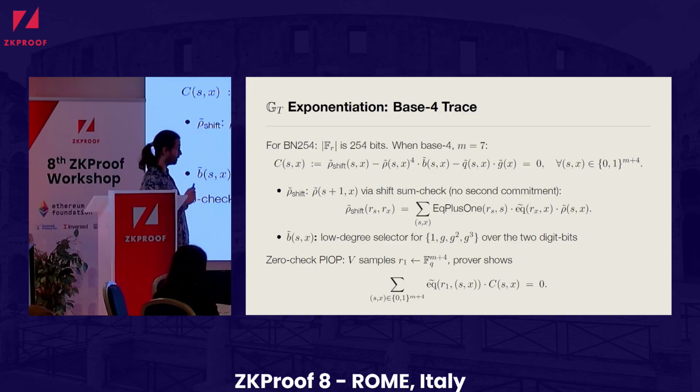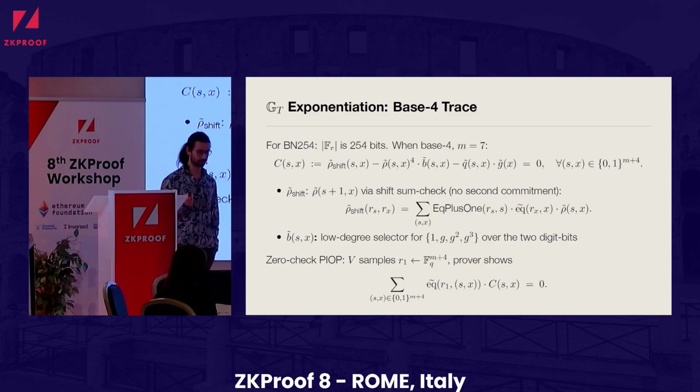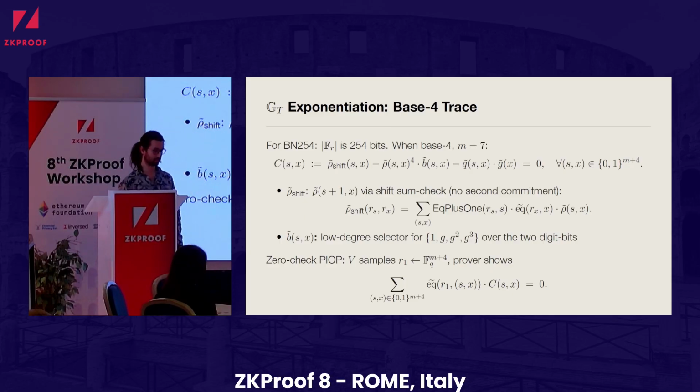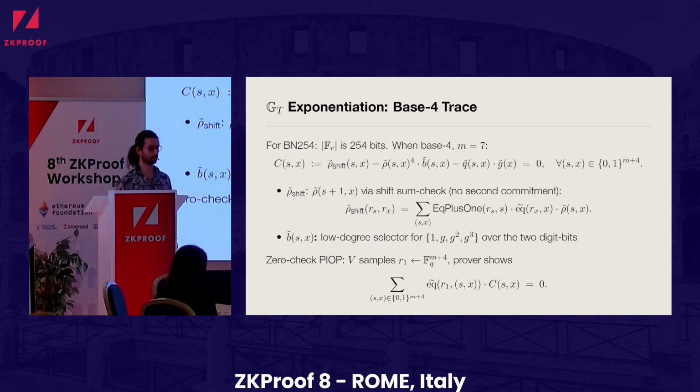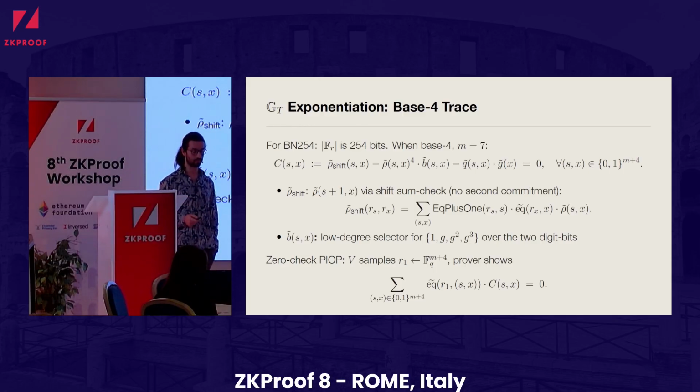One thing to note here is that row shift uses this shift sum check and is our first instantiation of how to use virtual polynomials to avoid committing to another extra polynomial. In this case, we don't commit to row shift because we are already committing to row, and thus we don't need to commit to any other element in this equation. And as we did before, we also ran the zero-check PIOP with the same sum check protocol.